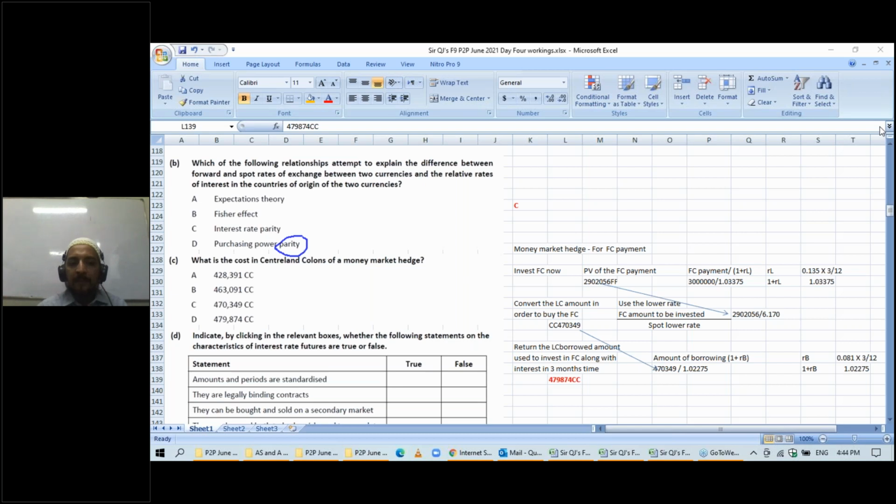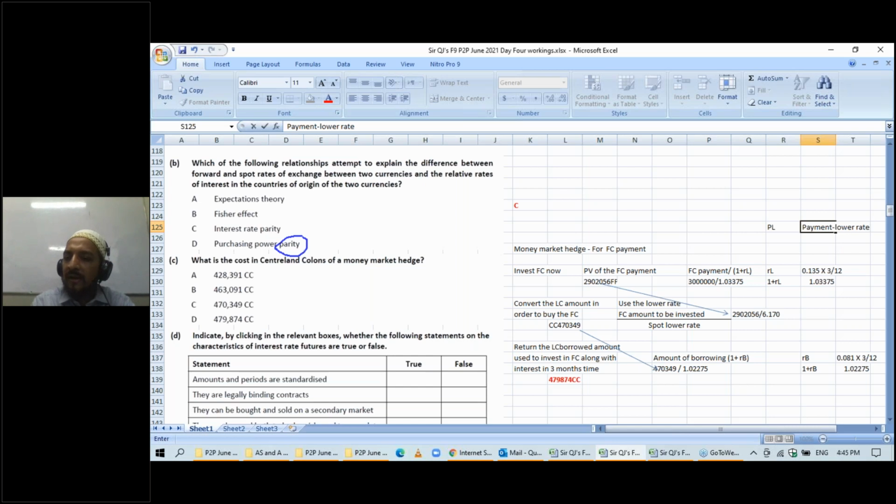See, it's very simple, Omar. When you are paying foreign currency, use the lower rate. When you are involved in payment, use the lower rate. So in this case, we were paying, and I was using a lower rate. So learn the mnemonic like this: PL, foreign currency payment, use lower rate.